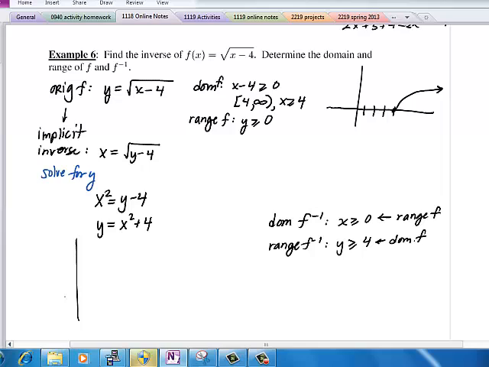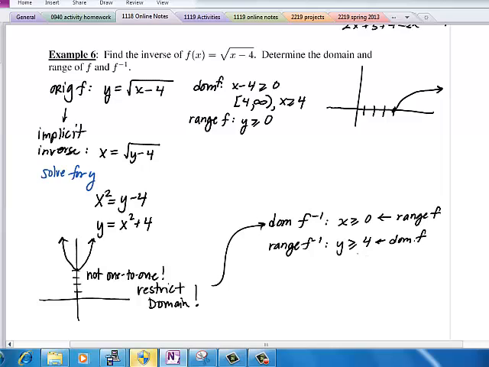But we know that that graph is the graph of a parabola. So this is not one-to-one. We need to restrict the domain. And to do that, we look back to the range of f.